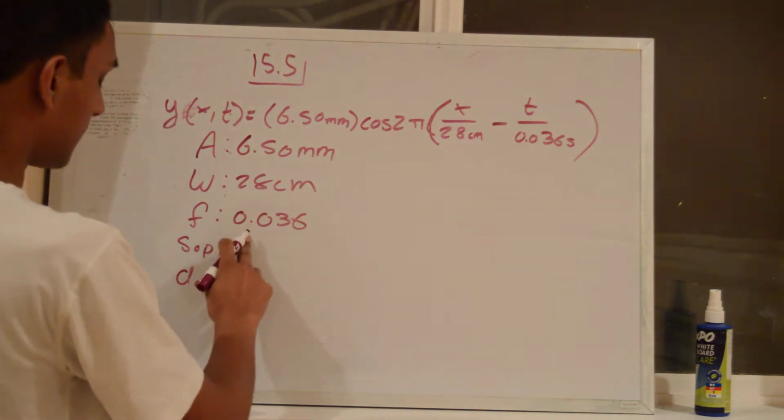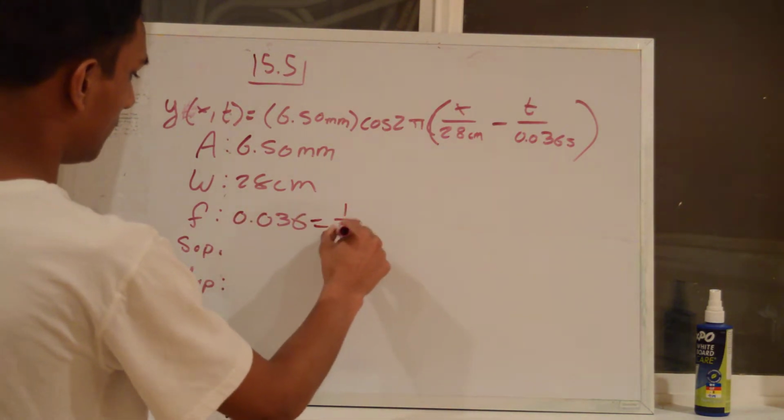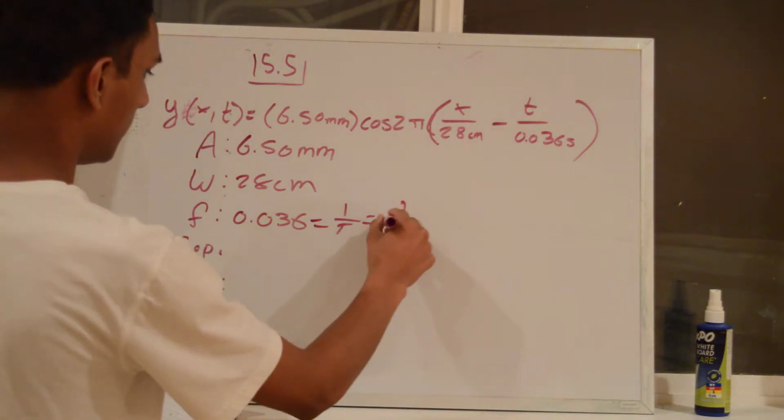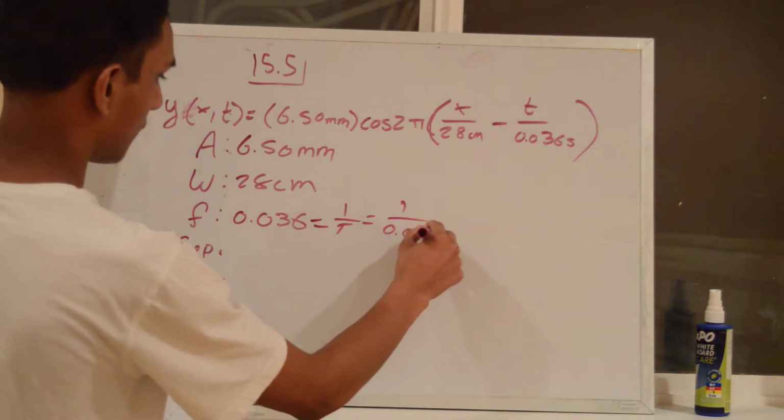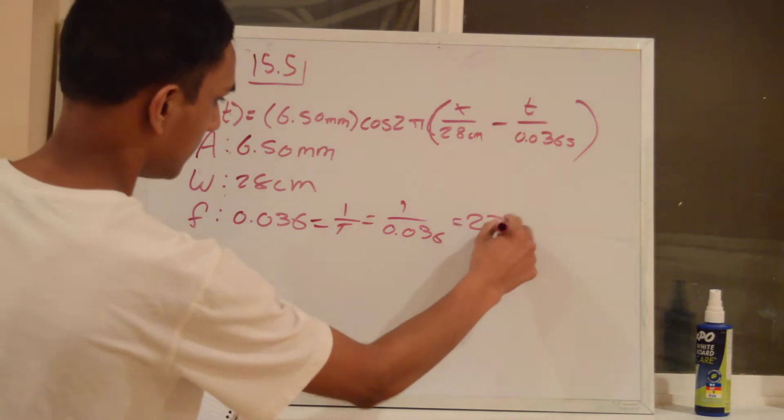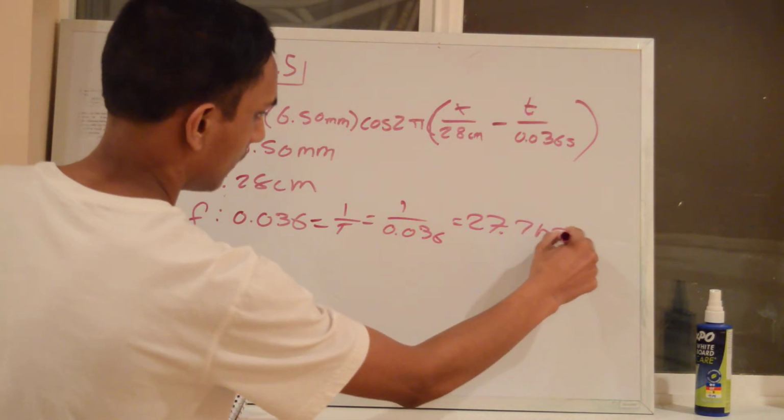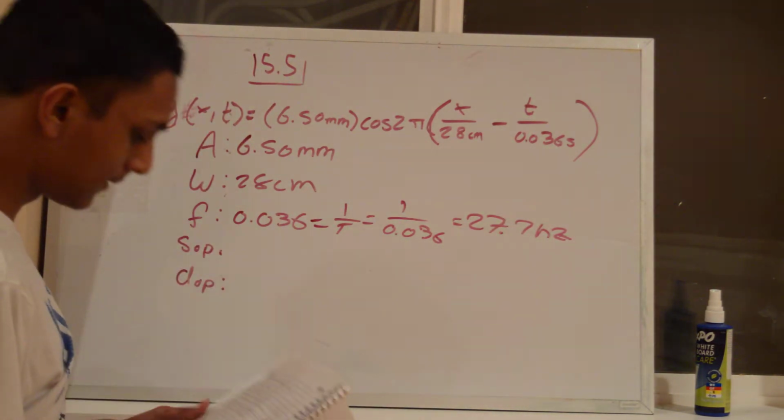This is the time. Frequency is 1 over the time, so frequency would be 1 divided by 0.036, which equals 27.7 hertz. My mistake there.